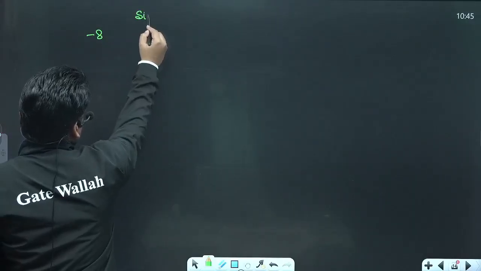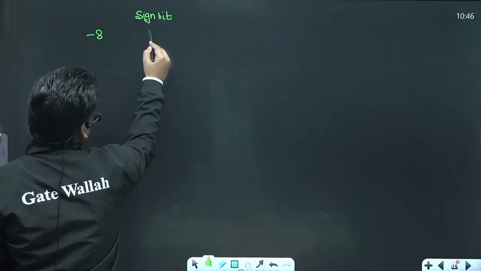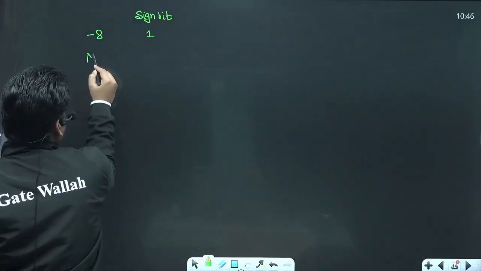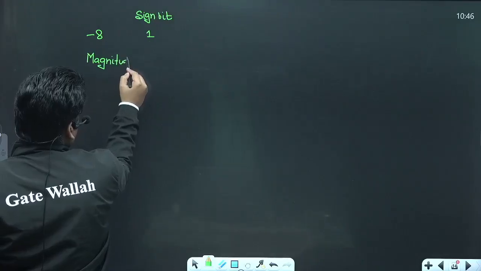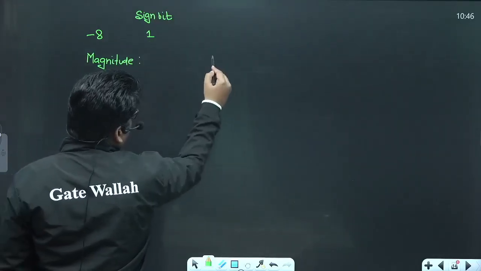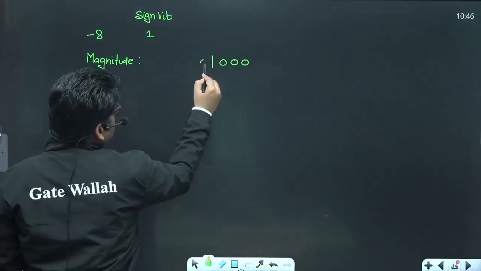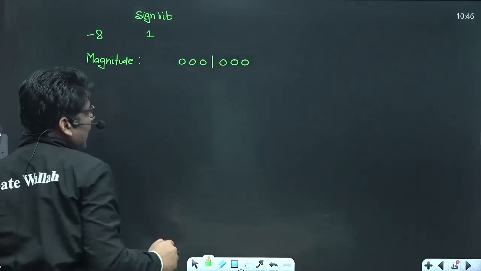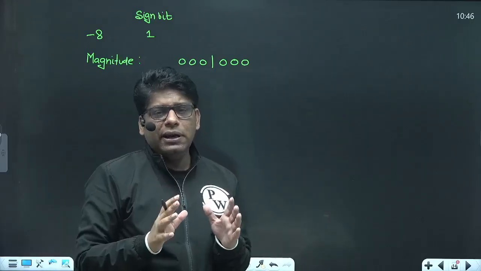Sir, what is the sign bit for minus 8? The sign bit becomes 1. Coming to magnitude. Sir, we know that the binary of 8 is this. Magnitude in 7 bit would be this. I am considering everything in 8 bits.